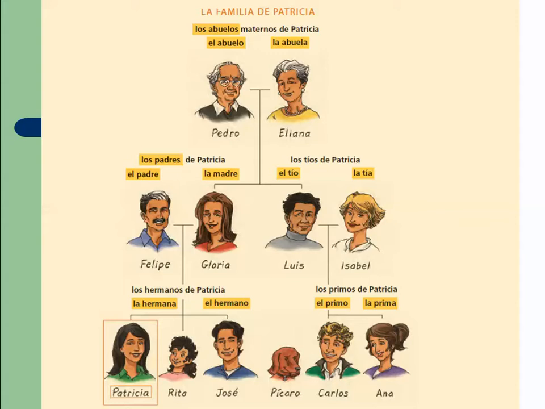You can say Pedro y Eliana son los abuelos de Patricia. Luis y Isabel son los tíos de Patricia.